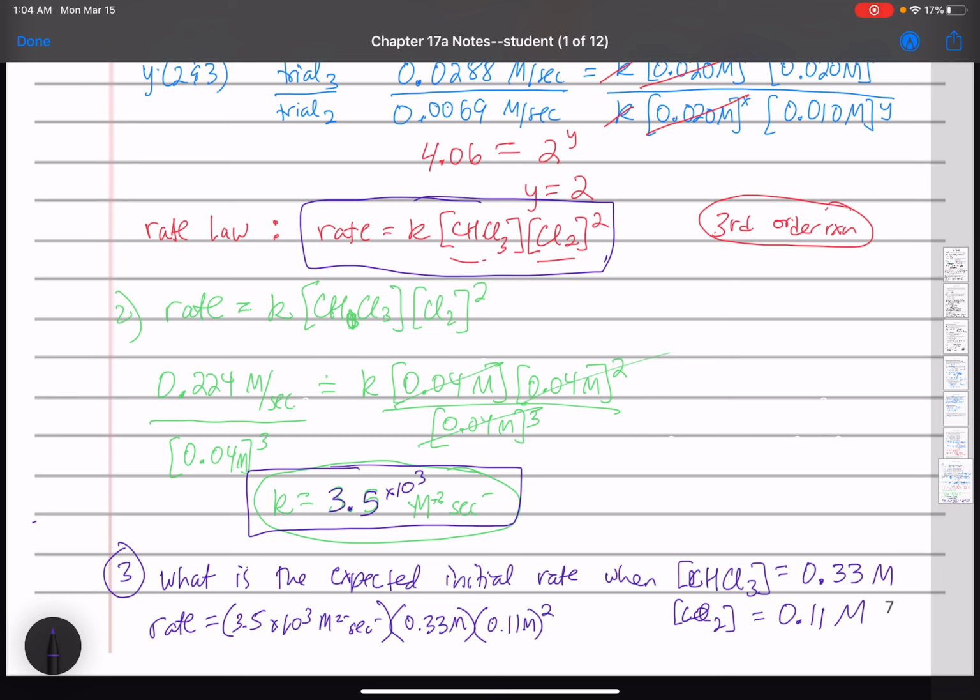We're just using this rate law here, plugging in these values into the rate law, and we get a rate of, I don't know, I need my calculator because I just made this up off the top of my head.